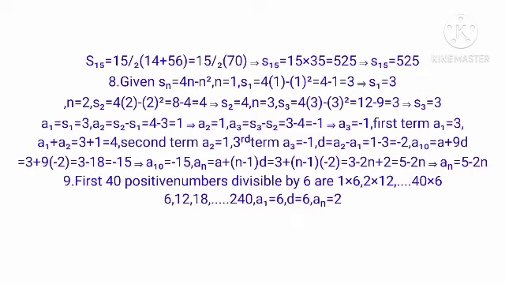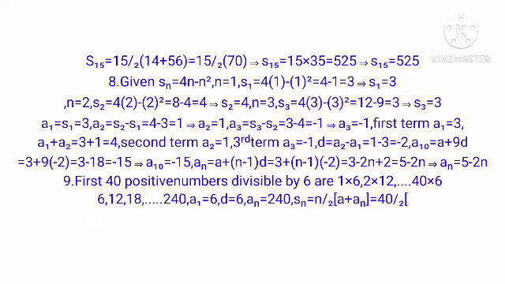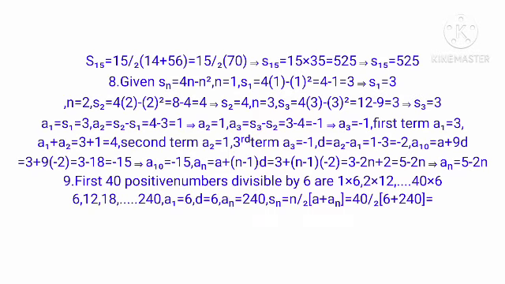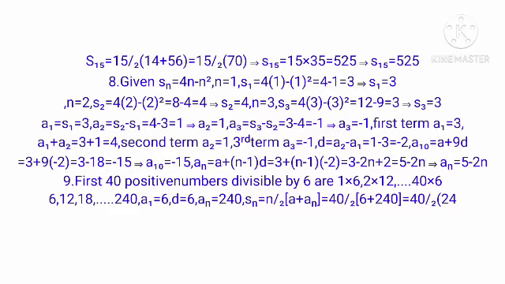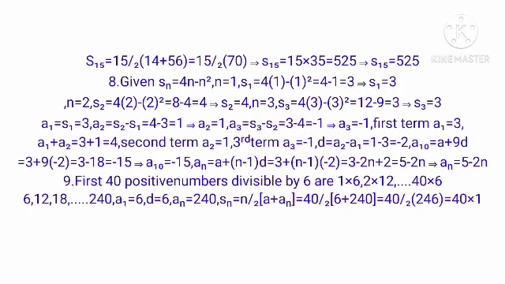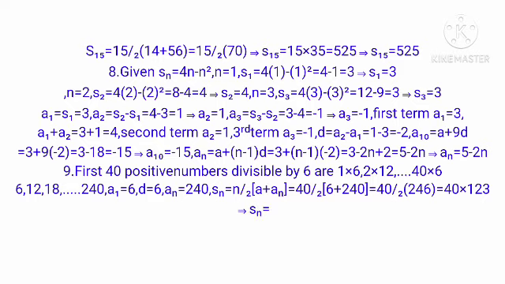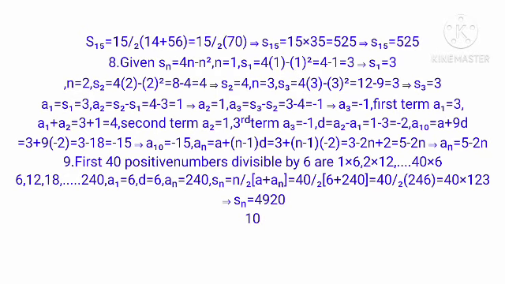Therefore, here a1 is the first term 6, and the common difference is 6, and n is equal to 40. Then Sn is equal to n by 2 into a plus an, implies 40 by 2 into 6 plus 240, the first term and last term 240. 40 by 2 into 246, that is equal to 40 into, if we divide we get 123. Sn is equal to, if we multiply, 4920.